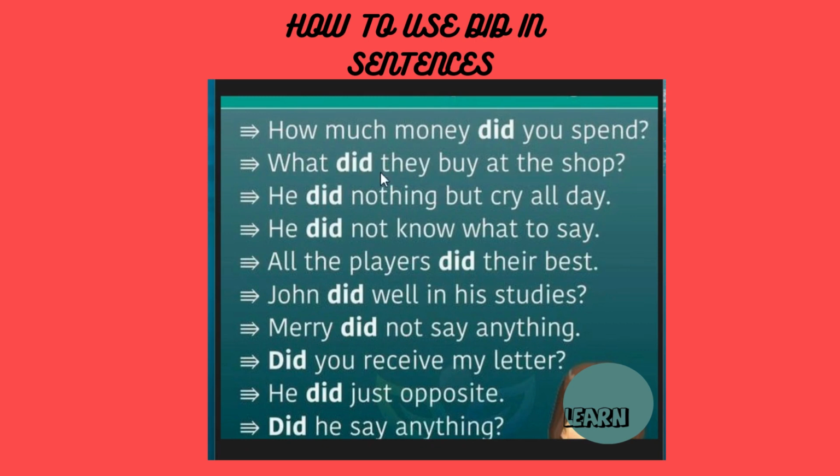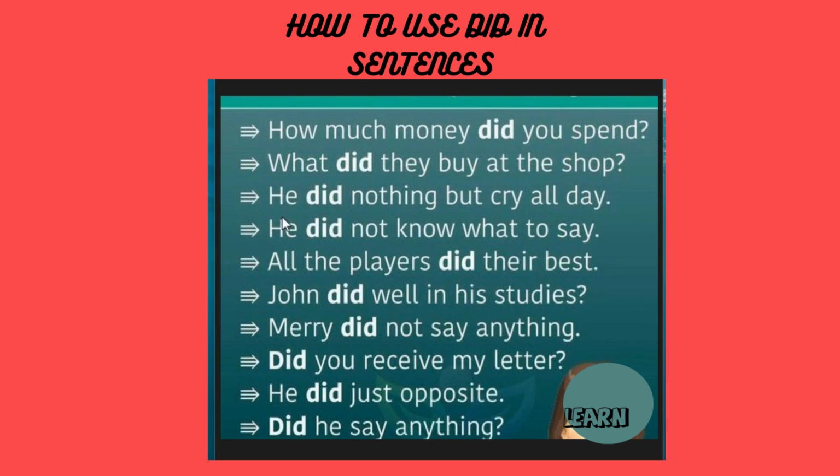So whenever we use did, we have to use the present verb like buy. We should not use bought, B-O-U-G-H-T. It will be wrong whenever we use did. So we should use the first verb, buy. What did they buy at the shop?